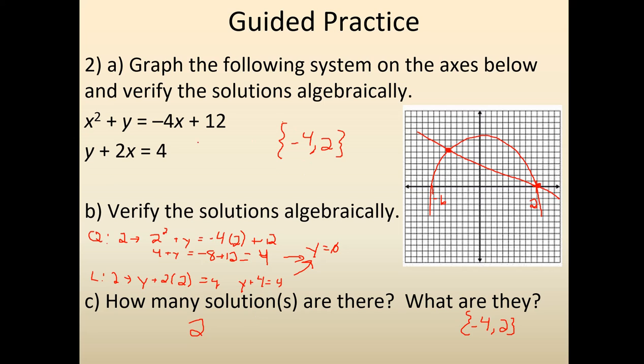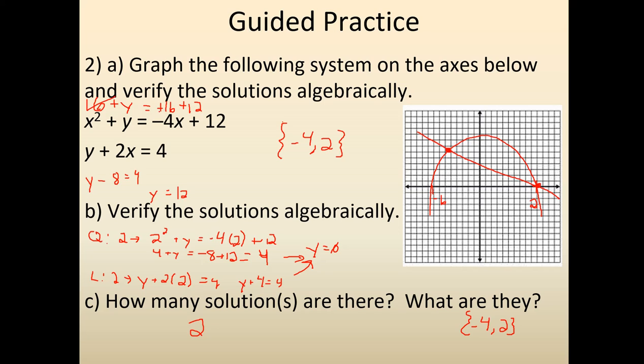If I did the same thing for negative 4, I'm just going to do the math real quick. I end up getting y equals about 12. And then if I do it here, I end up getting 16 plus y equals positive 16 plus 12.